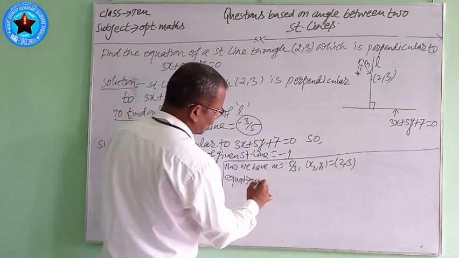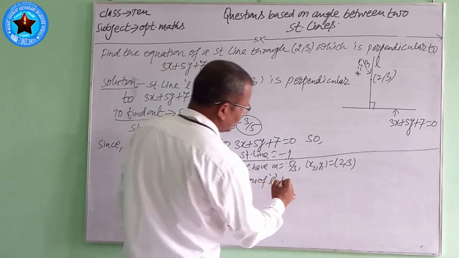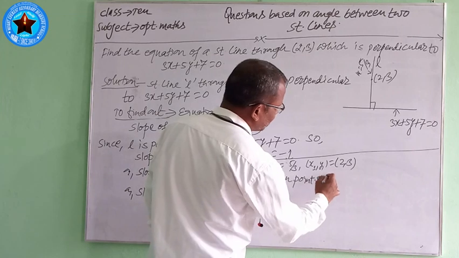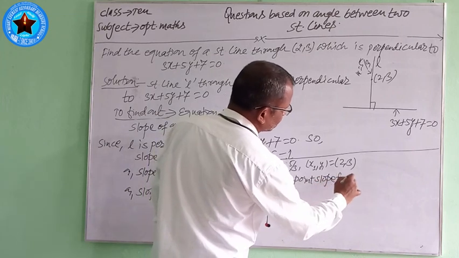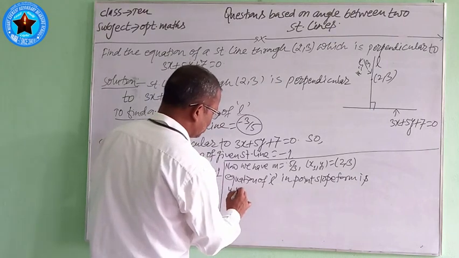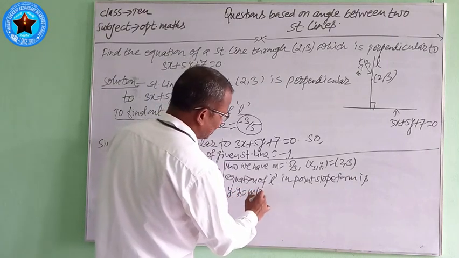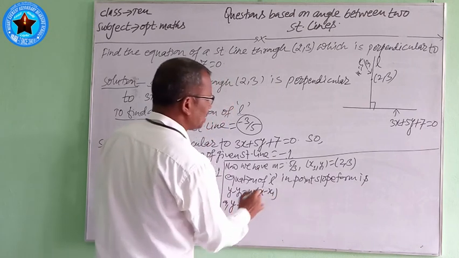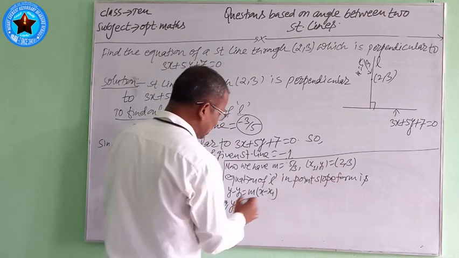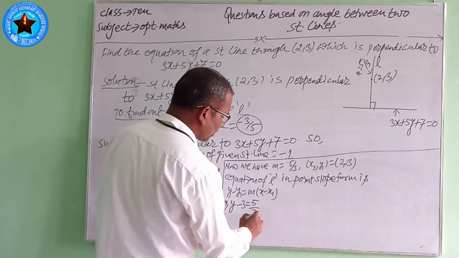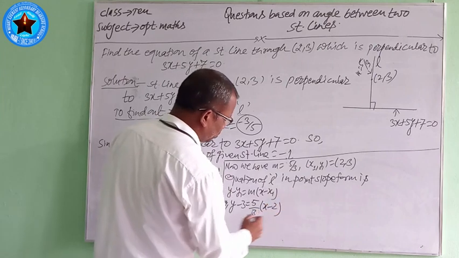The equation of L in point slope form is y minus y1 equals m into x minus x1. Here y1 is 3, m is 5 by 3, x minus 2.